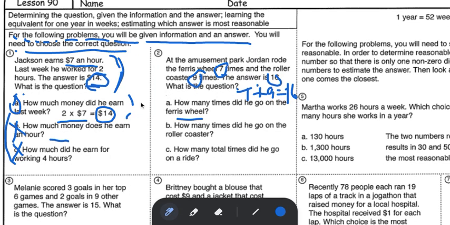So the answer would not be 16 to how many times he went on the Ferris wheel. How many times did he go on the roller coaster? Well, it tells us here that he went on the roller coaster 9 times. So the answer would not be 16 to that question. How many total times did he go on a ride? Oh, yes, the Ferris wheel and the roller coaster are both rides. And when we add them together, 7 and 9, we get 16.